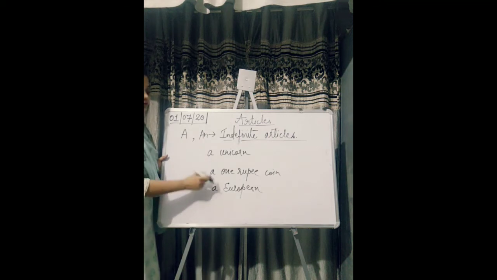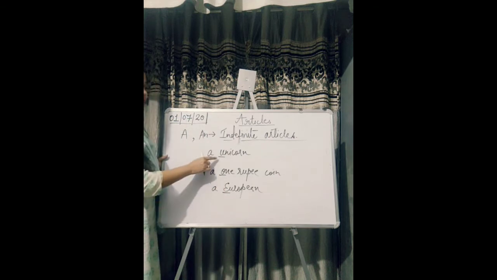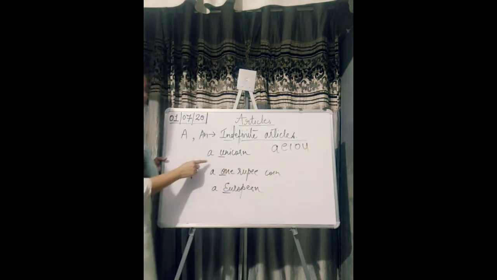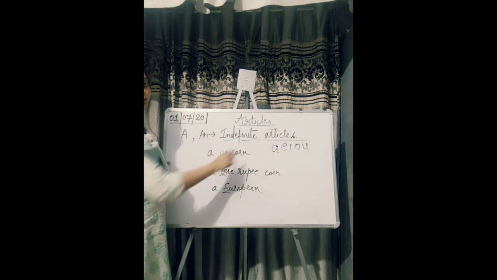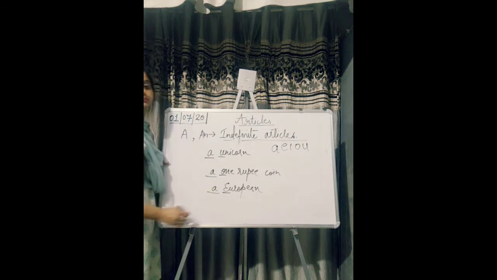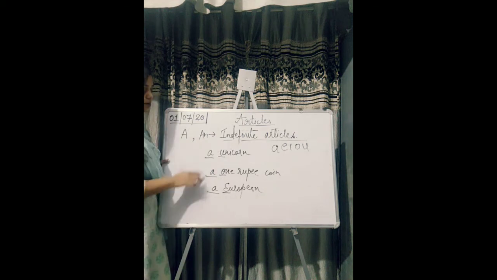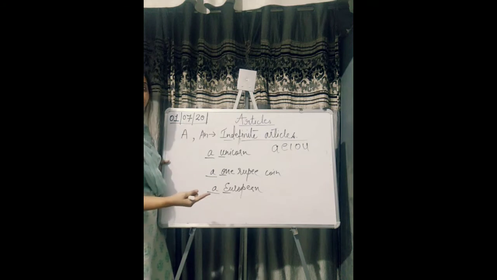So if you can see, all these words begin with a vowel. U is also a vowel. Remember the vowels? A, E, I, O, U. Over here you can see it starts with a vowel. O, it starts with a vowel. European, E starts with a vowel, right? But still I have written a over here. I have not written an. Why? Because all these words start with a vowel but have a consonant sound.